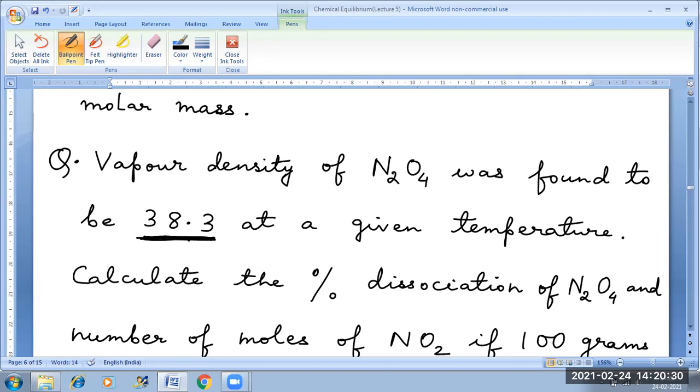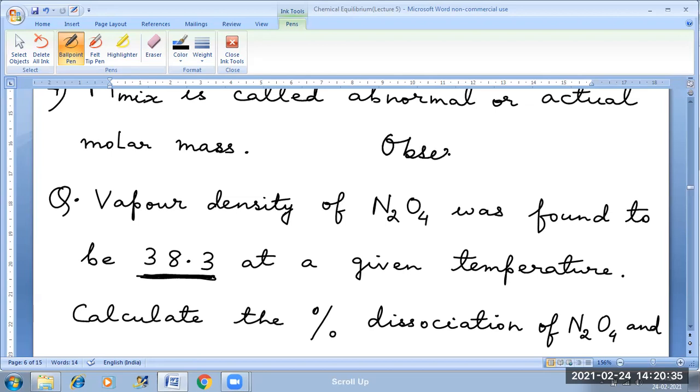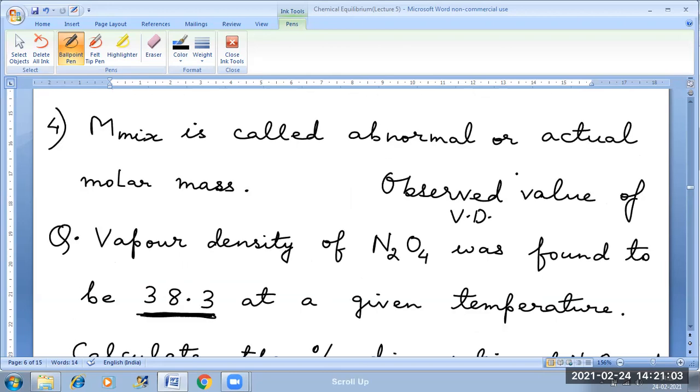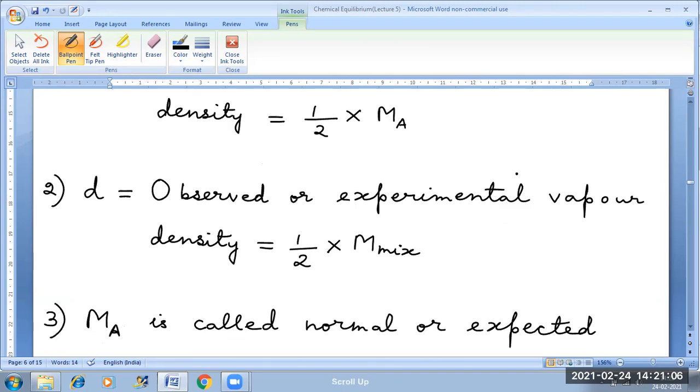The vapor density given in the question is always going to be the observed value of vapor density. I repeat, if the vapor density of something is given and you know it is a reversible reaction, then that is by default the observed value of vapor density. What is the observed value of vapor density?